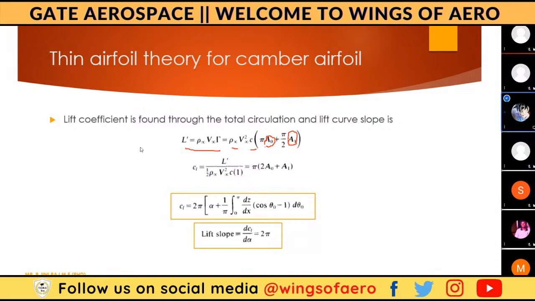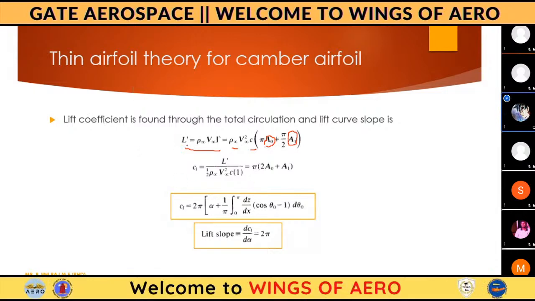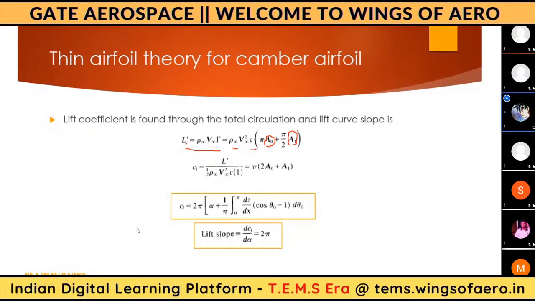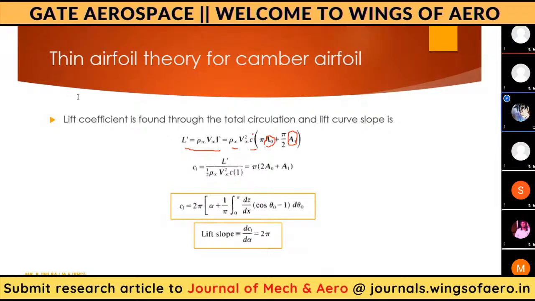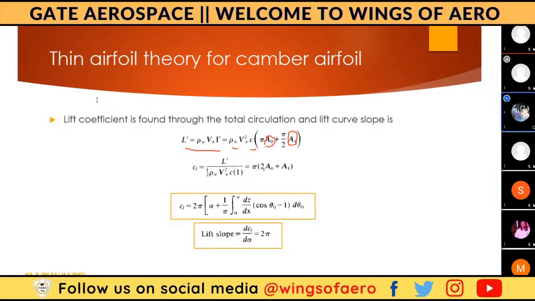Okay. So here also, after finding the lift, we know the coefficient of lift, CL equal to L divided by half rho infinity v infinity square S, where S equal to c into 1. Therefore, by substituting, the c gets cancelled, rho infinity gets cancelled, v infinity square gets cancelled. So the remaining terms will be pi into (2 A0 plus A1).